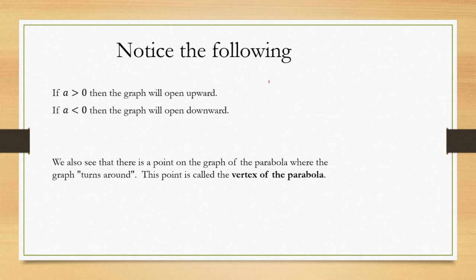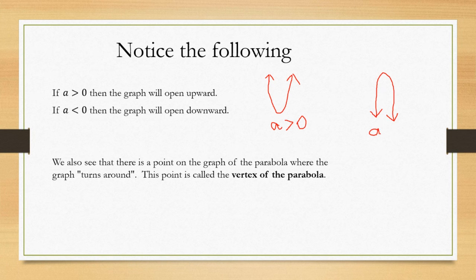So in other words, if a is positive, the graph's going to do something like this. See if I can draw it. So this is when a is greater than 0. Again, I put the arrows here just to indicate that the graph goes up forever. Whereas if a is negative, it's going to do something like this. Like so.